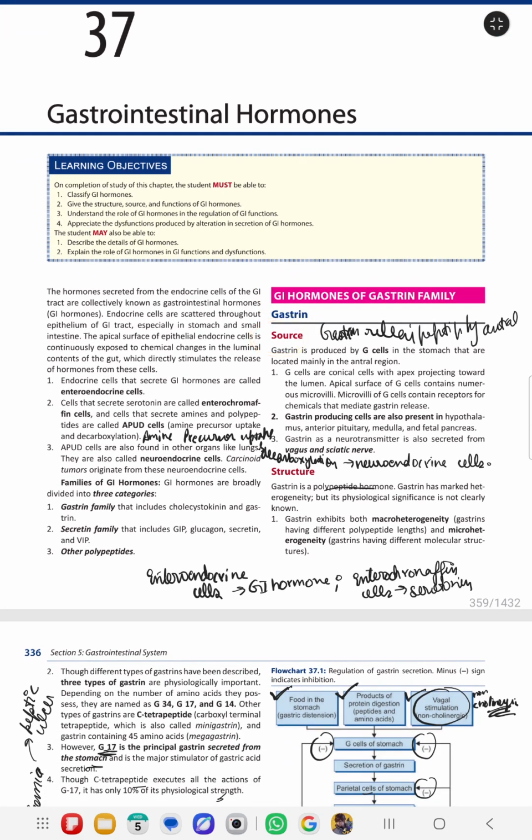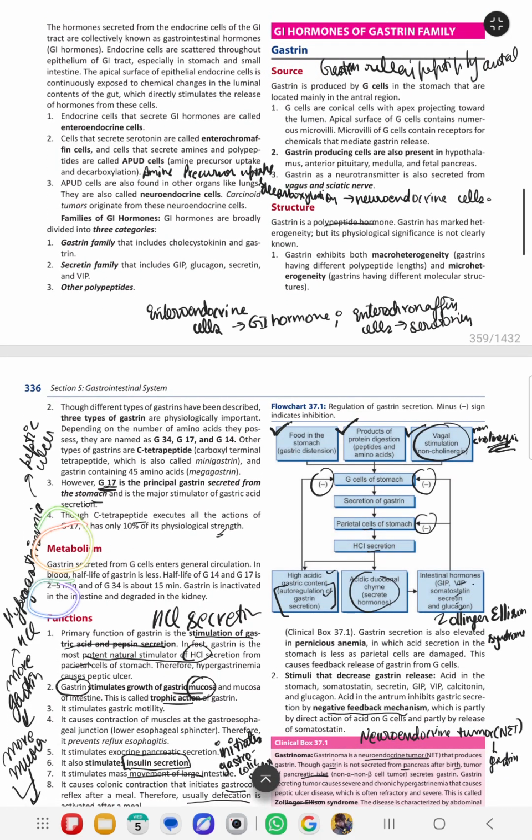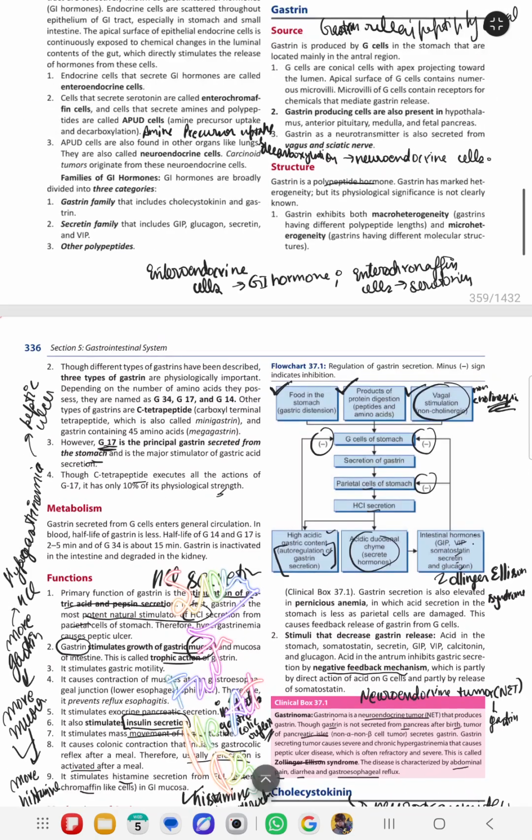While writing about hormones, we write the hormone name, source, structure, metabolism, function, and regulation. The first thing you have to write is the mechanism of action, their regulation, their function, and their source and structure if possible.